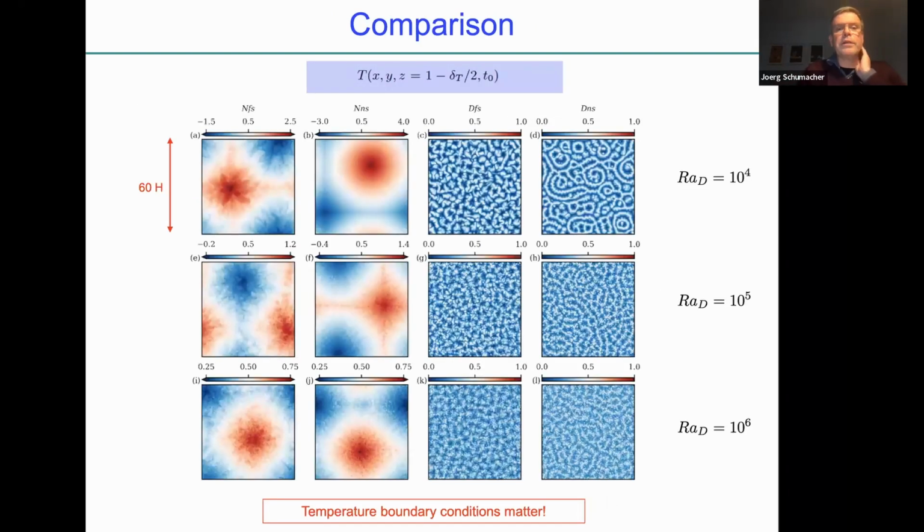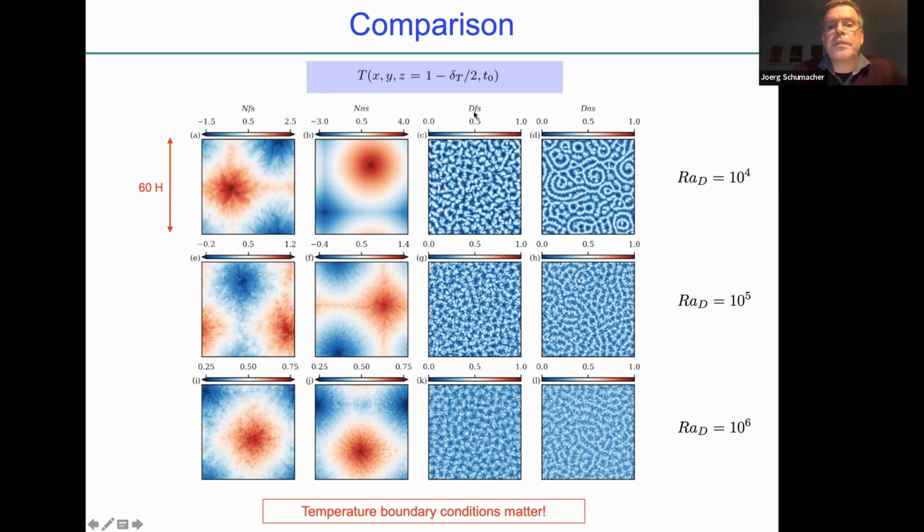So let's take a look at the temperature field. I'm showing you here a snapshot of these simulations. And we always have 4 different cases at each Rayleigh number. It's the Neumann condition and the free slip, that's NFS. NNS would mean Neumann and no slip.